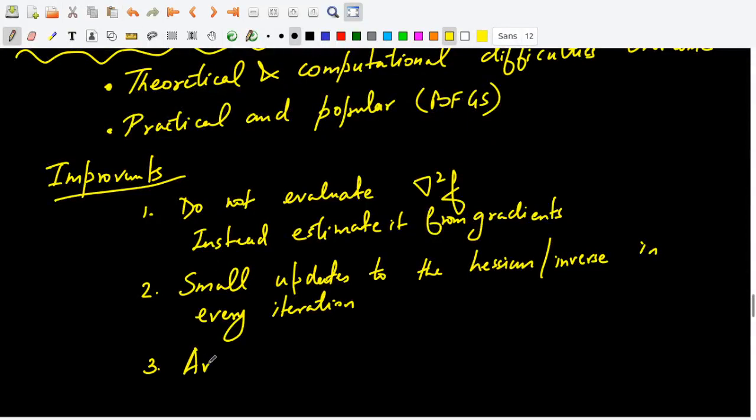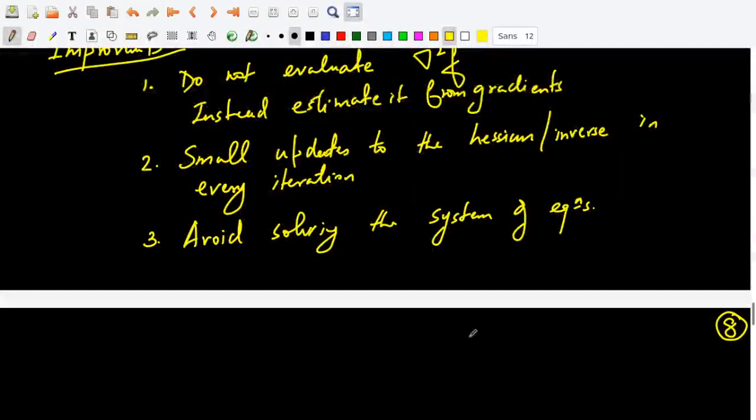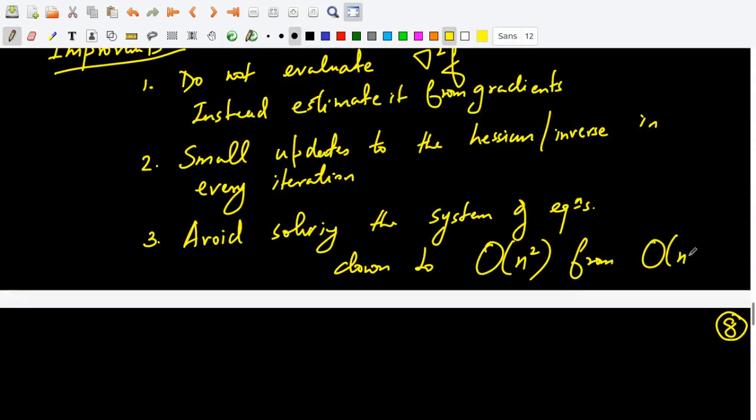So avoid solving the system of equations. So the time spent in every iteration goes to order n square from n cube earlier.